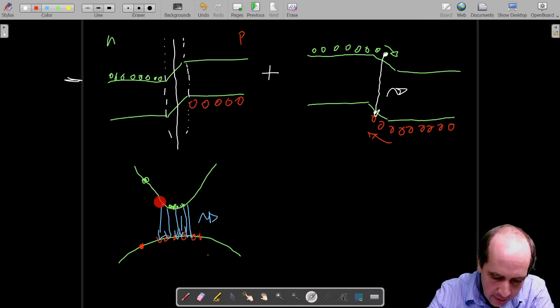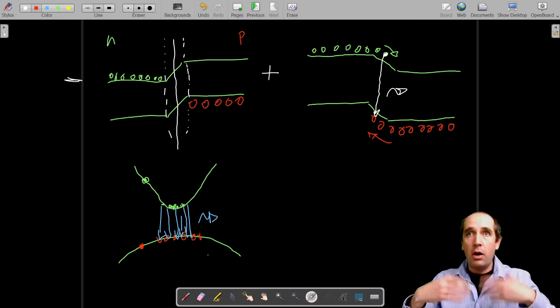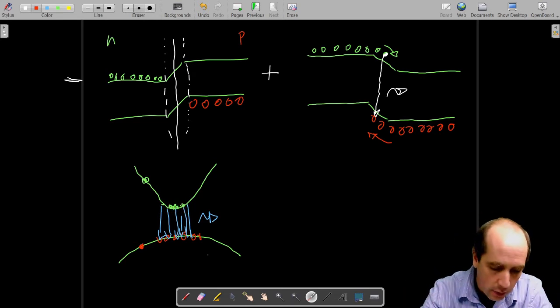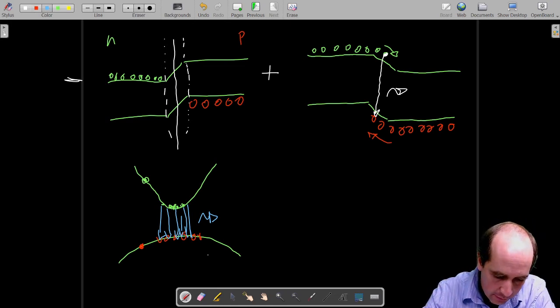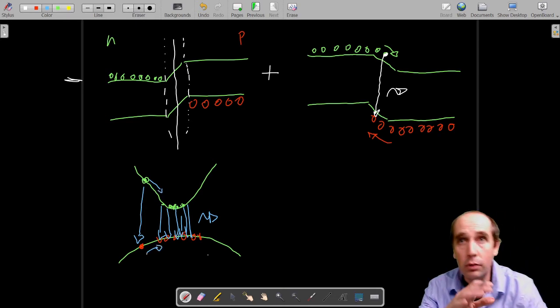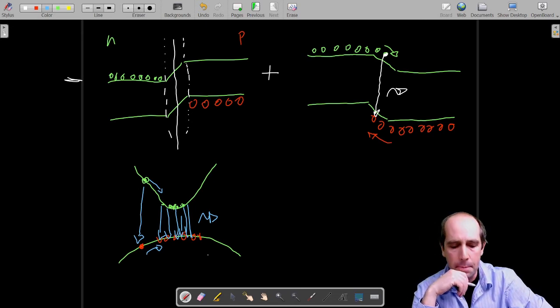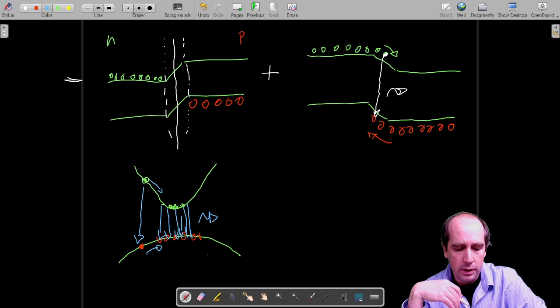So the states over here will be becoming free and free all the time. These electron and these hole have the possibility of recombining, but they also have the possibility of thermalizing, so of trying to move first towards the minimum energy position in the conduction band.